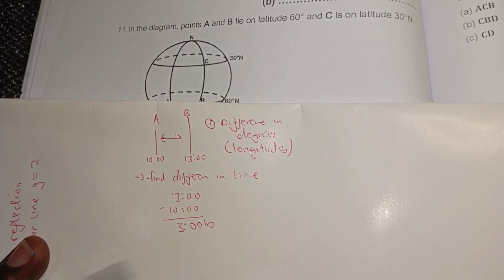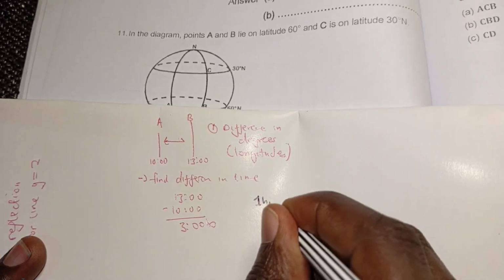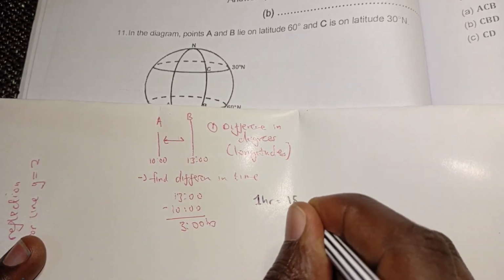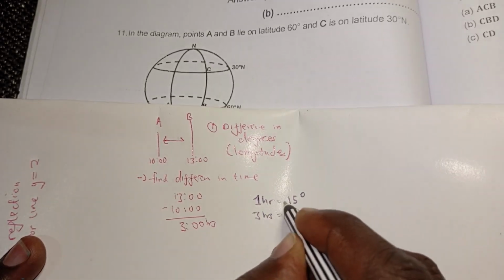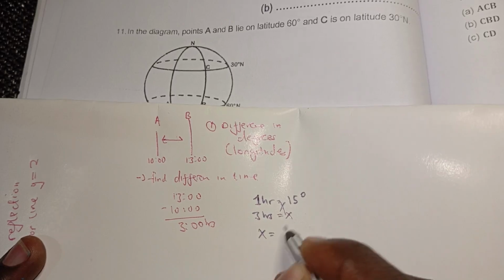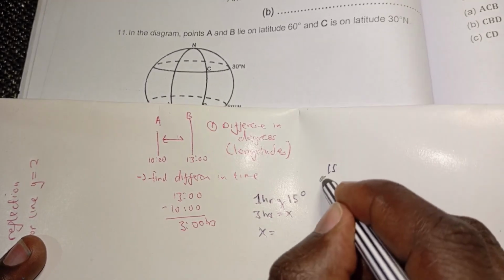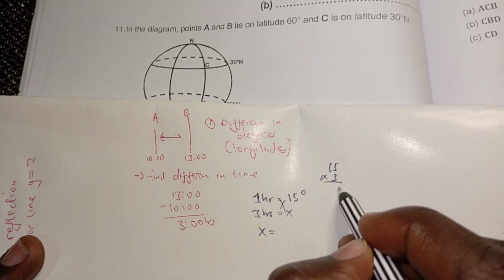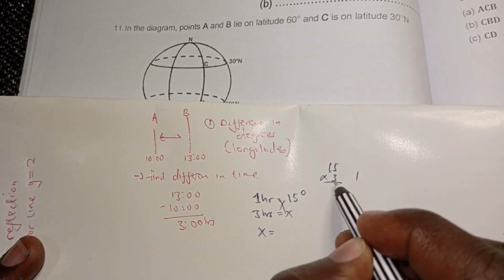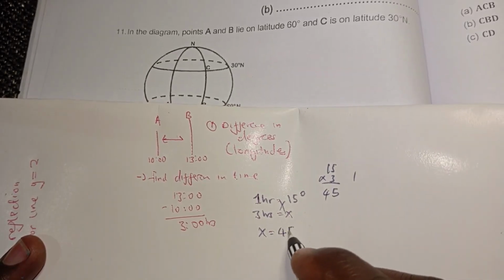So convert these 3 hours into degrees. We say 1 hour is equal to 15 degrees. Then what about 3 hours? Will be equal to how many degrees? We put x. So x is equal to 15 times 3. 3 times 5 is 15, so 5 carry 1. 3 times 1 is 3, so that is 45. So 45 degrees.